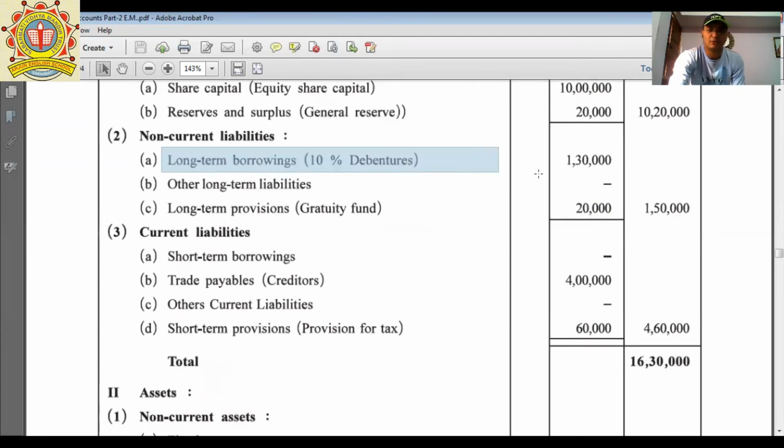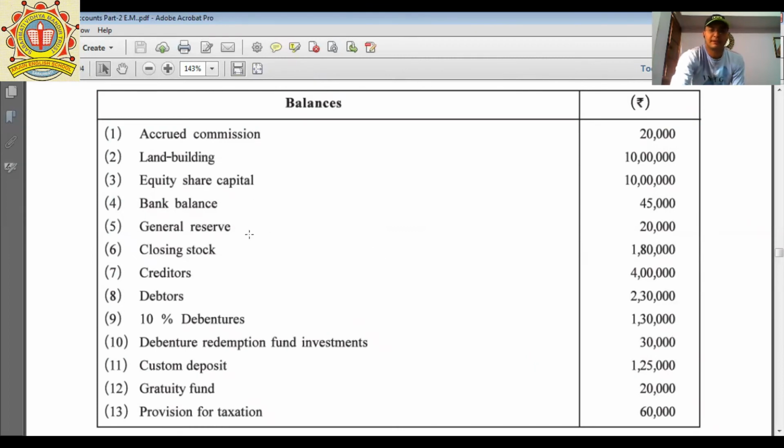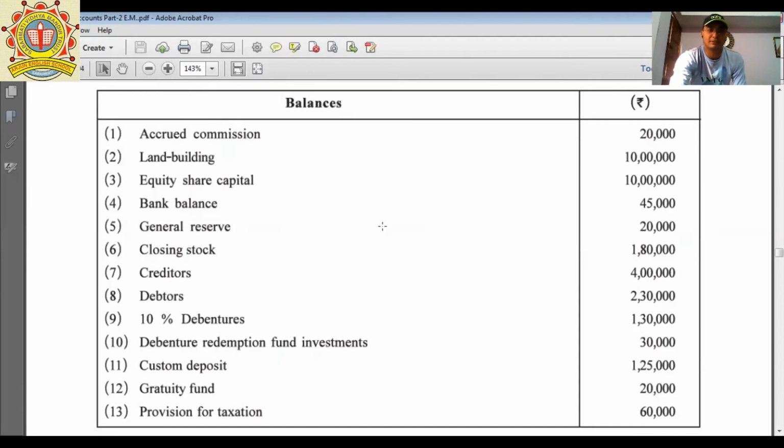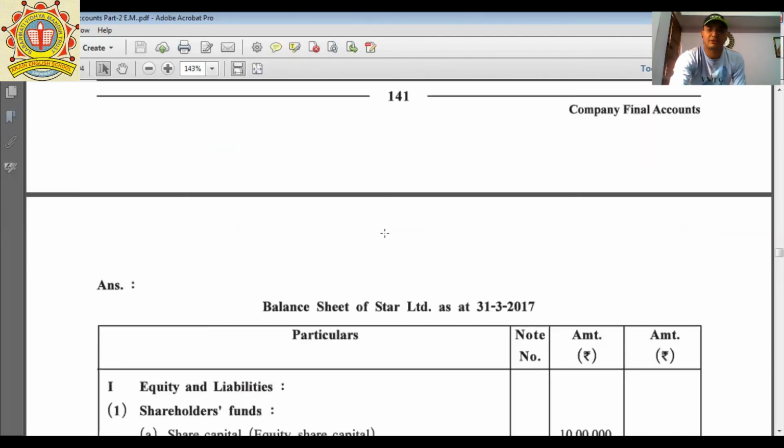So under the heading of long-term borrowings, there is a debenture of 1,30,000. Next one, debenture redemption fund investment. The word used is investment, so it is a part of the asset side, non-current investments, amount rupees 30,000.